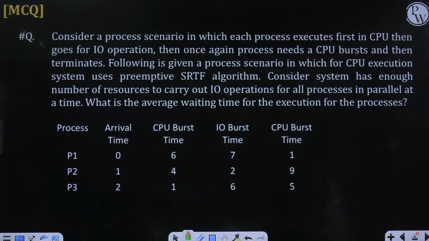Okay. Try this one. I'm waiting for 2 minutes here. Okay.